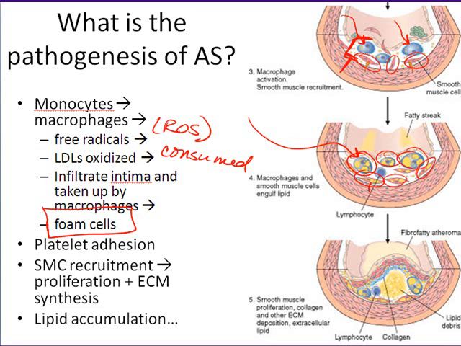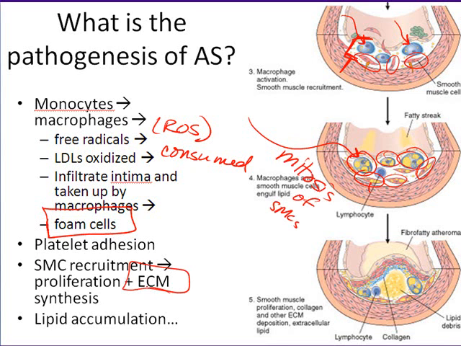But these smooth muscle cells begin to accumulate. They get recruited into the area. They begin to undergo mitosis, and they begin to secrete all kinds of extracellular matrix proteins, things like collagen. That's all part of that repair process, remember.